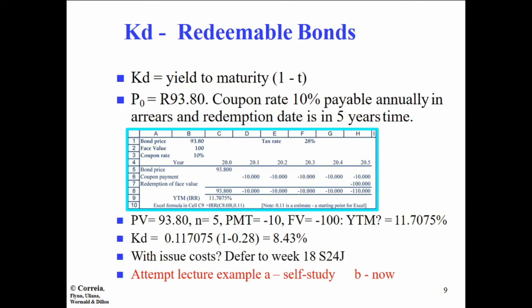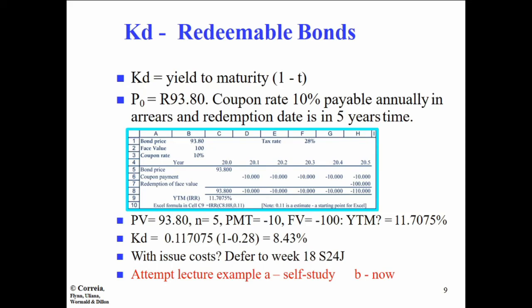So if we calculate the internal rate of return, in other words the yield to maturity, by looking at the cash flows and putting this into our financial calculator, we'll see that the yield to maturity is 11.7%. Remember, this is before tax, and to calculate our cost of debt, we need this rate net of tax.